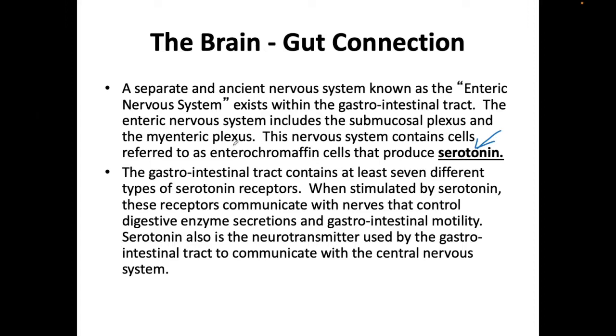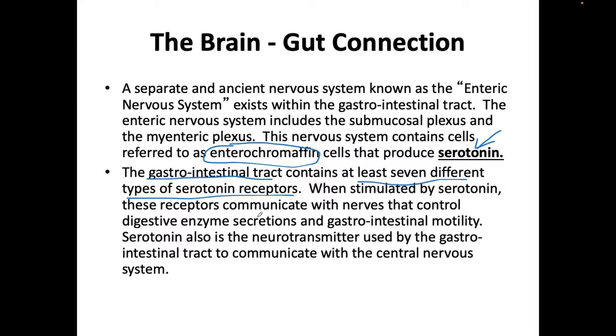We have cells called enterochromaffin cells that produce serotonin. And we have at least 7 different types of serotonin receptors in the gastrointestinal tract. It's not just within the brain, it's throughout the GI tract.